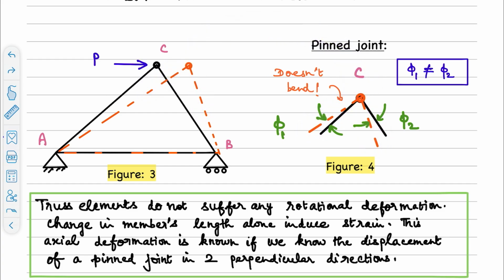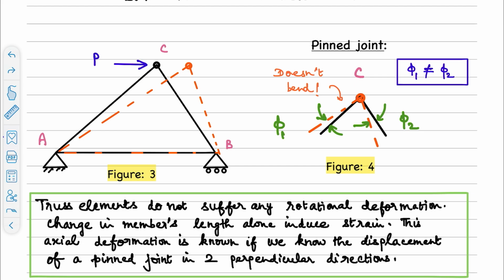Now the change in angle between the respective members will be given by phi1 and phi2. And we see that in a pin joint, these two are not going to be the same. Okay, but if we take a frame, a typical rigid joint, these two values will be the same. Here they are not the same. All right.